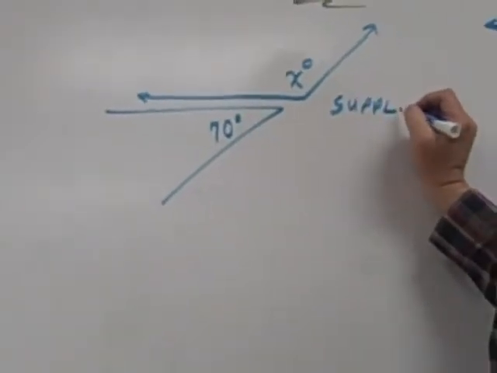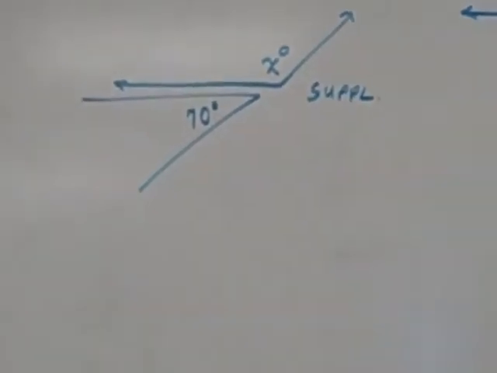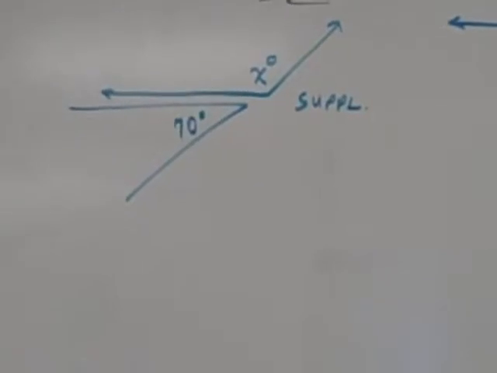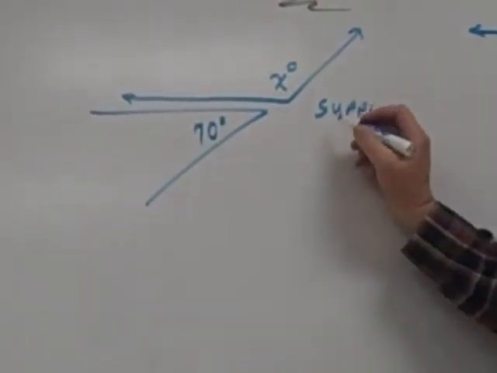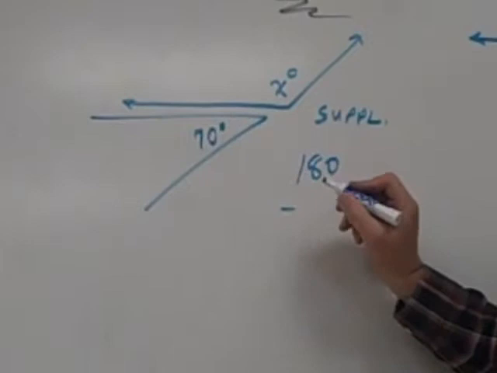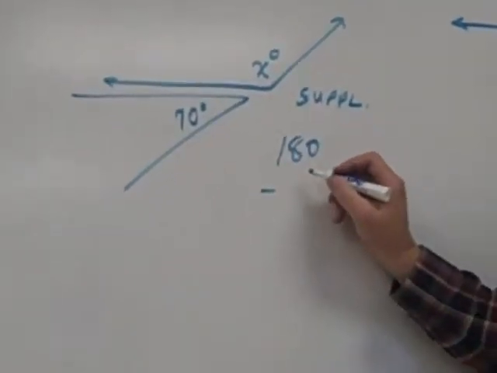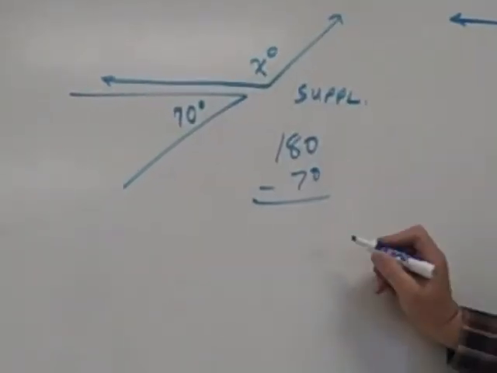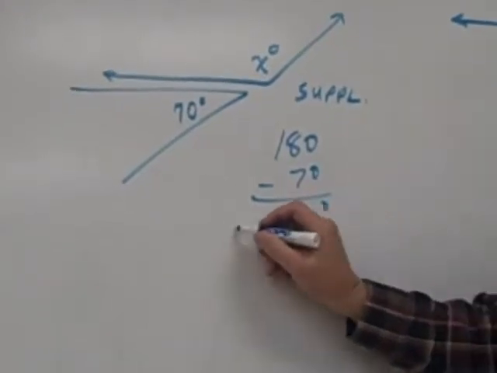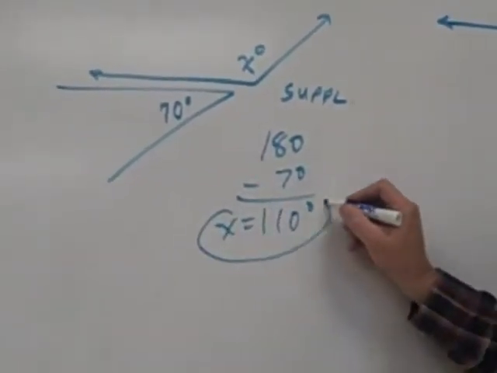Now they've already told us these are supposed to be supplementary. Can we find X? Yes, 180 minus 70. If they're supplementary, it's supposed to be 180. How much do we already have? 70. So what's left for the other one? 110. So the missing angle is 110.